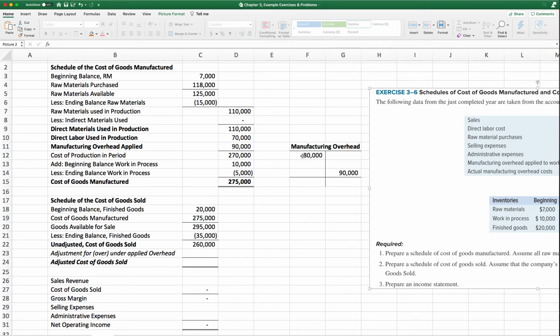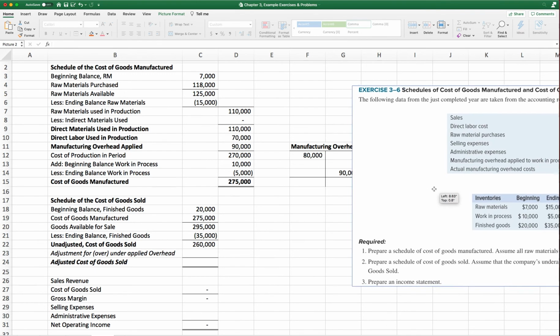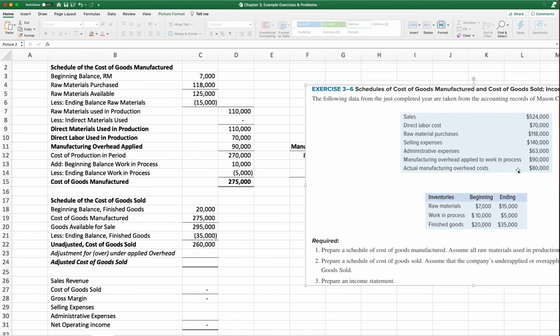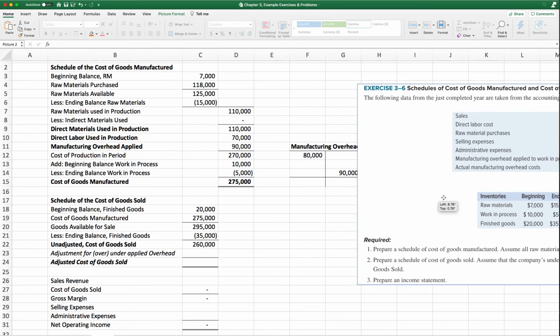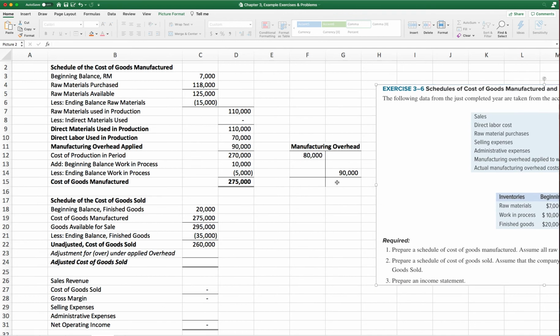Well, my actual costs in manufacturing overhead were $80,000. Let me go back over here. See right here, $80,000. The amount applied was $90,000. And so we're going to end up with a $10,000 credit balance. We have over applied manufacturing overhead.